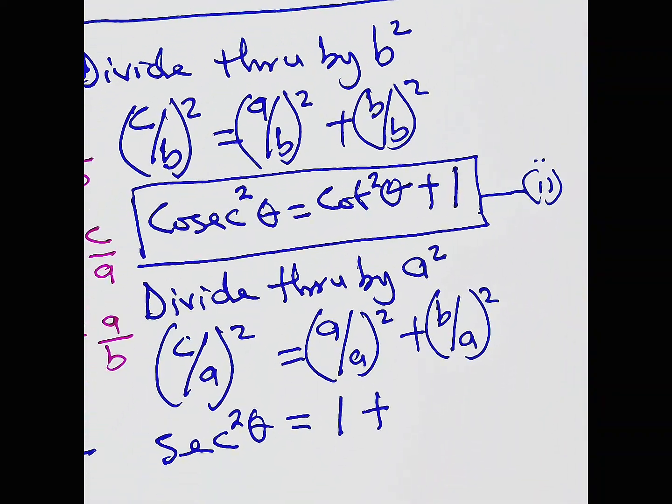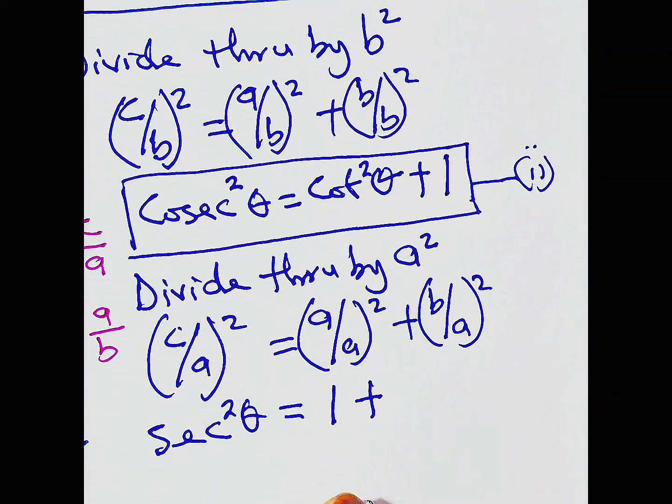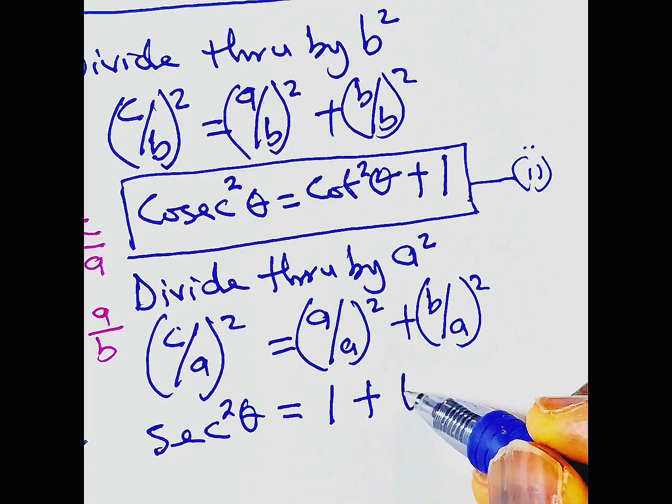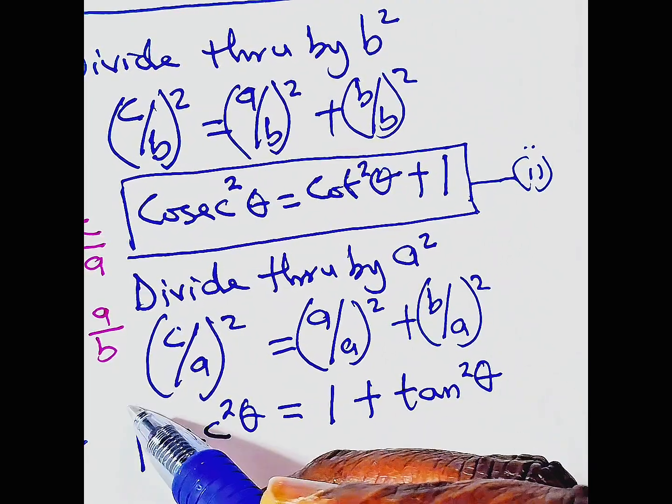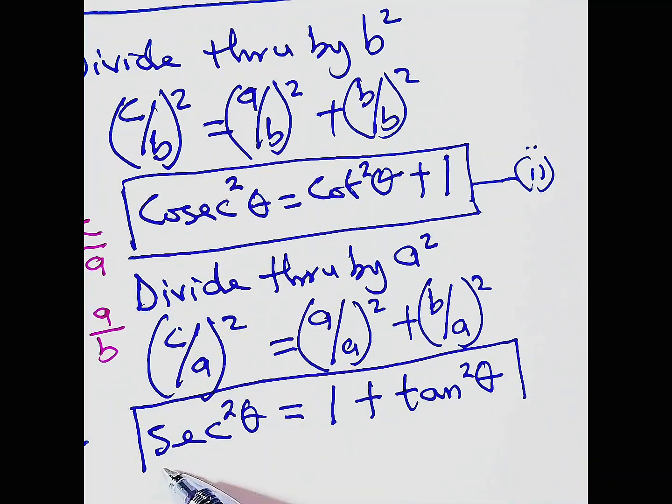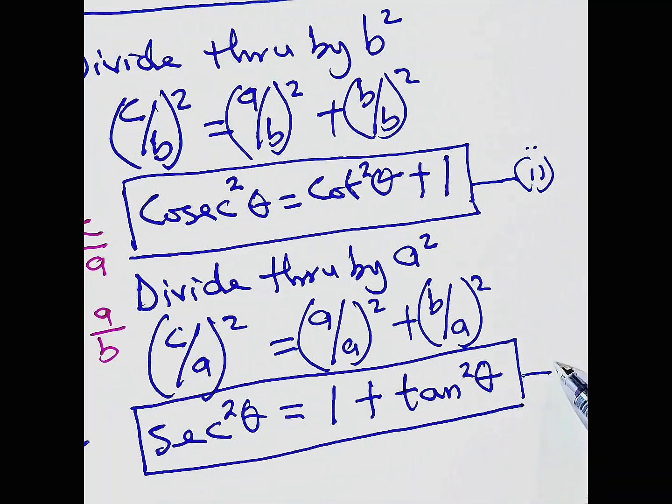So that means we're going to have sec square theta equals 1 plus tan square theta. This is another one.